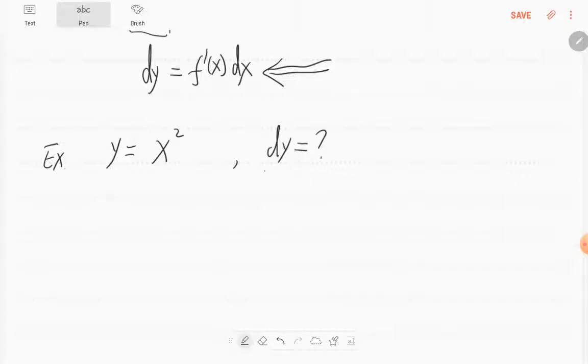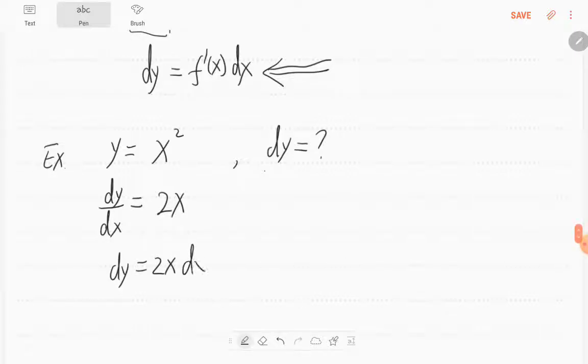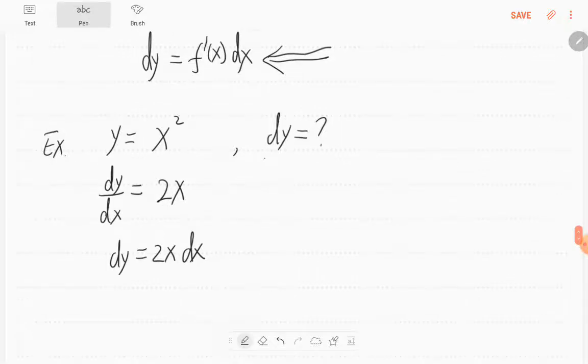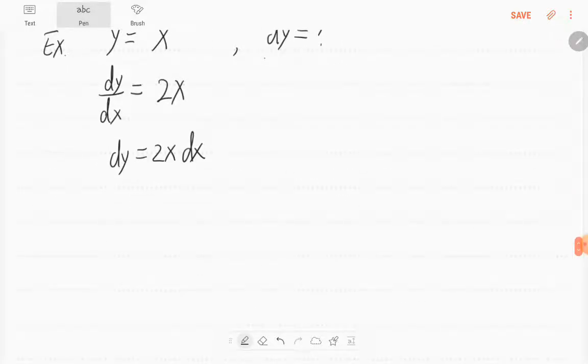You take the derivative, which is equal to 2x. Then you multiply dx on both sides, so dy equals 2x dx. This is one example.